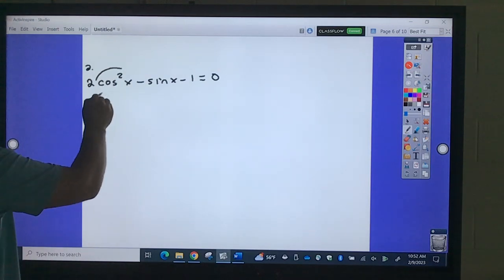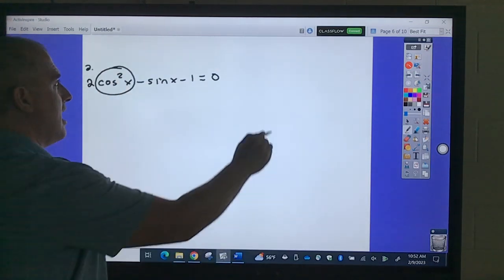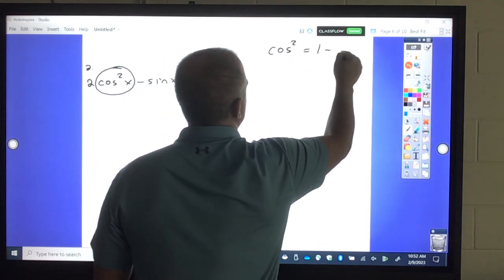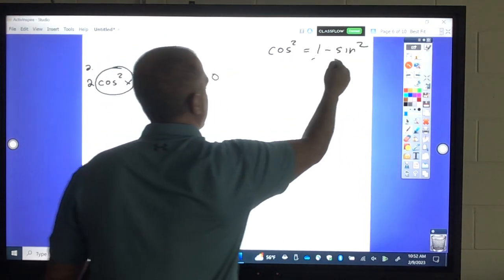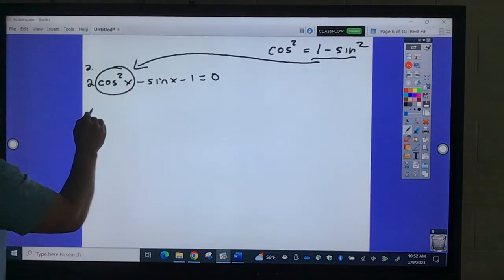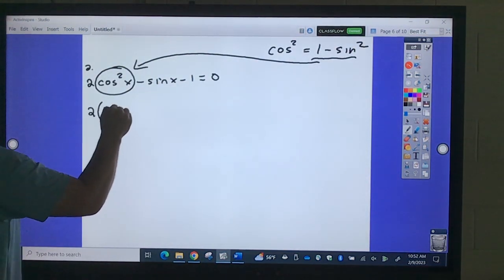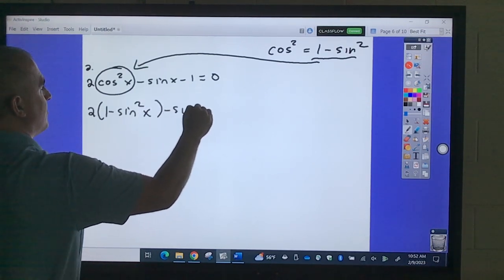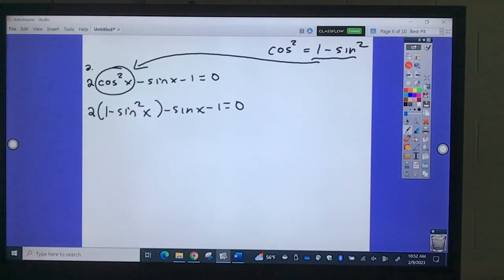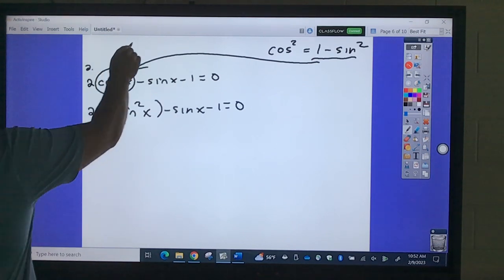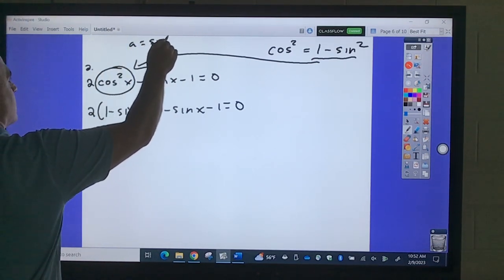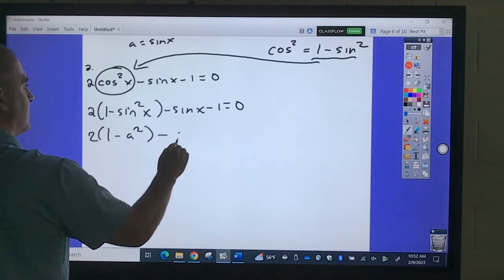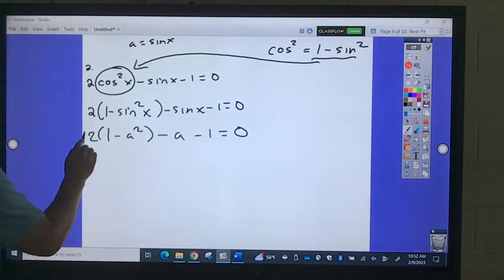Same thing here. We've got this, and I have an identity that says cosine squared equals 1 minus sine squared. So what I want to do is take that and put that into there. So I got 1 minus sine squared of x minus sine of x minus 1 equals 0. Now, once again, if you want to replace with a, sine of x, that would be 1 minus a squared minus a minus 1 equals 0.